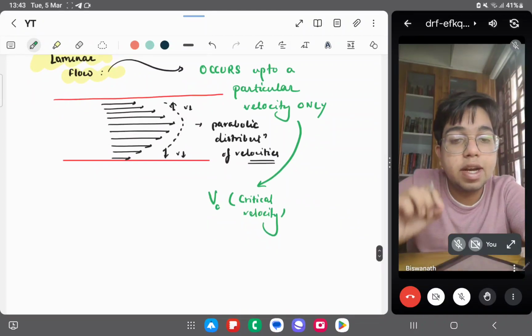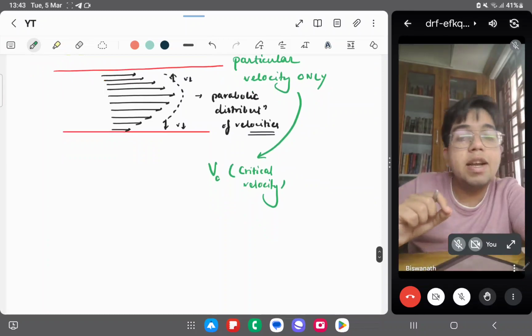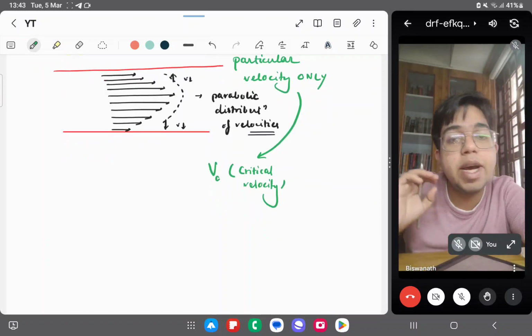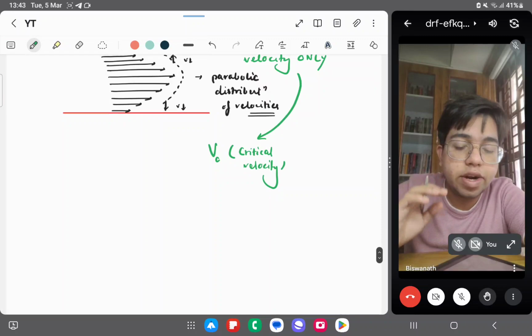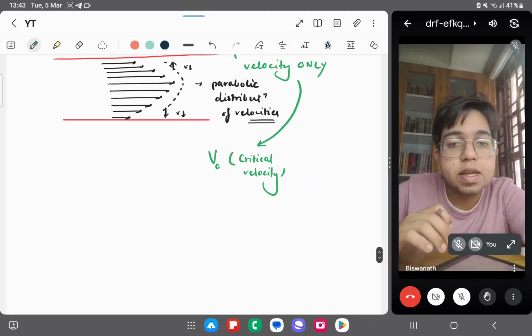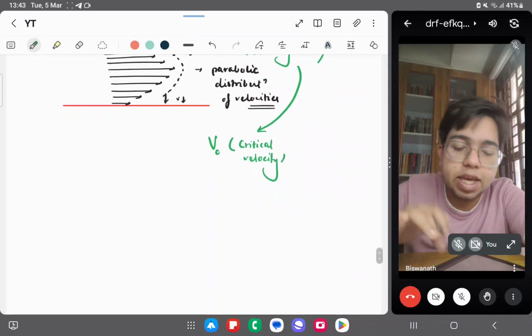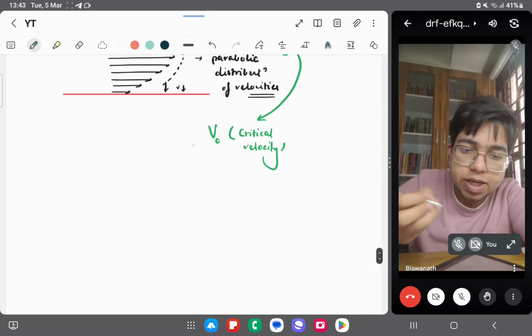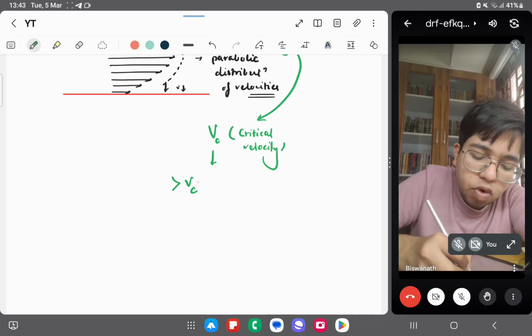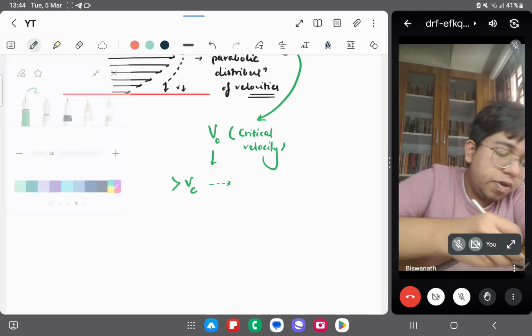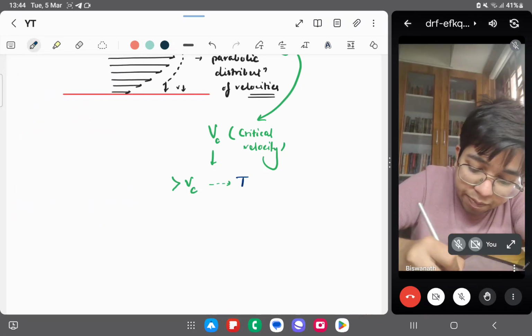This critical velocity is given by a number called the Reynolds number. We'll discuss what the critical velocity is and how we calculate it. Basically, if we move above the critical velocity, more than VC, then the blood flow is known as turbulent flow.